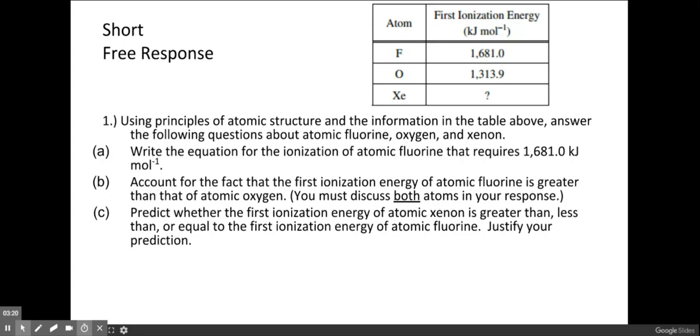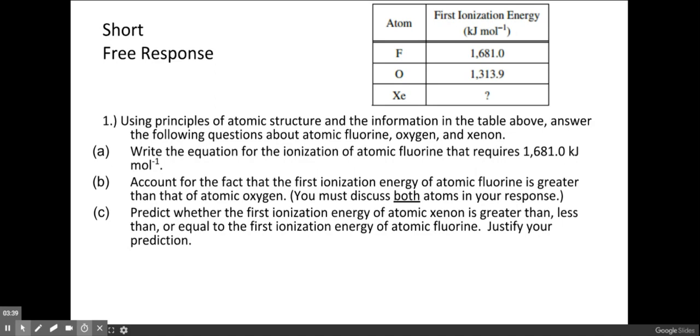And finally, question C. Predict whether the first ionization energy of atomic xenon is greater than, less than, or equal to the first ionization energy of atomic fluorine. Now, if you know your periodic trends, you can probably figure this out pretty quickly, but then notice you have to justify your prediction.